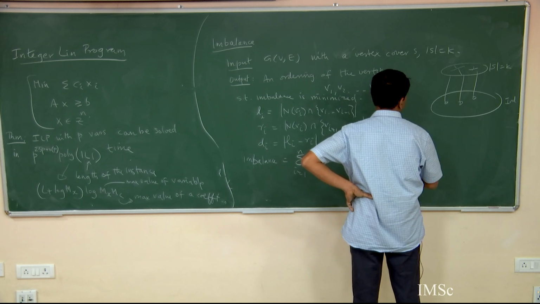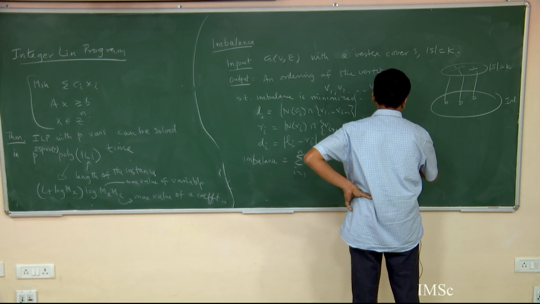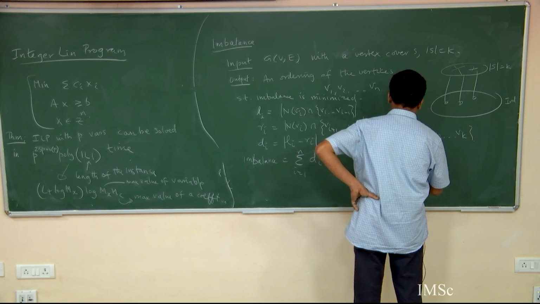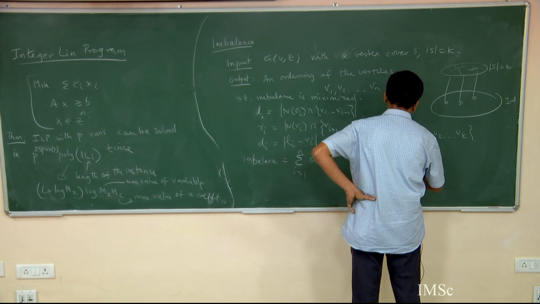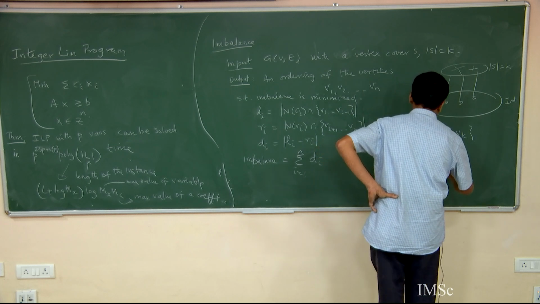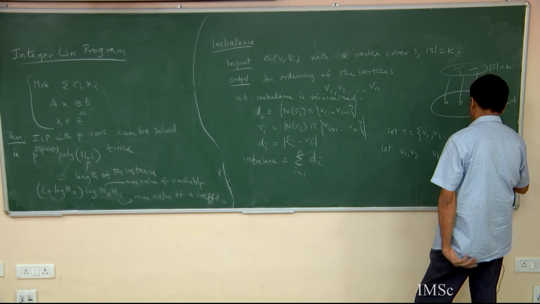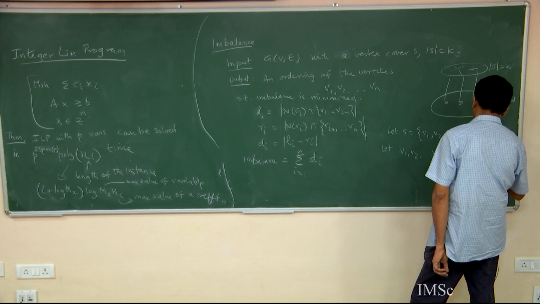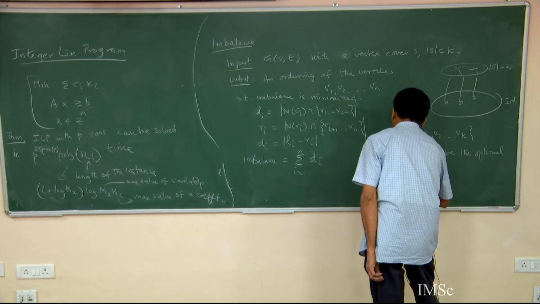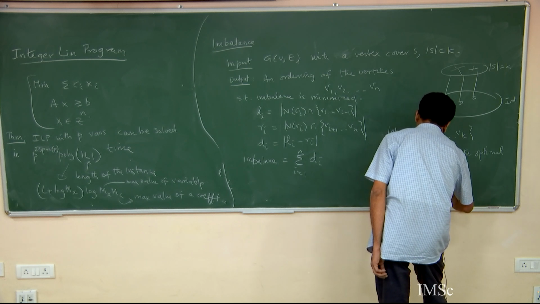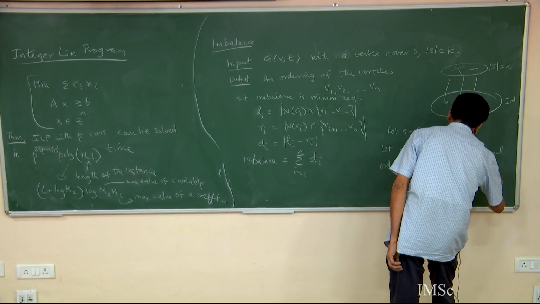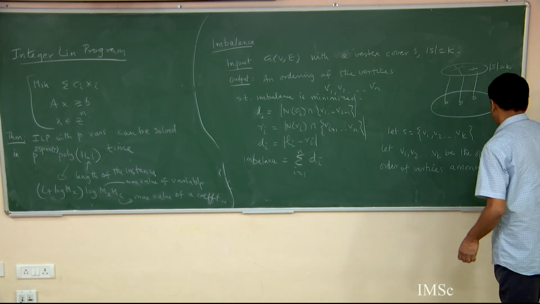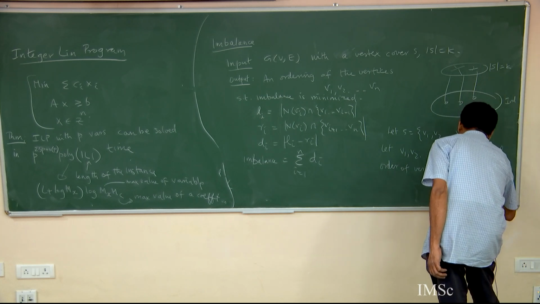Let S equal v1, v2, up to vk, be the optimal order; otherwise I am going to try all k factorial orders.